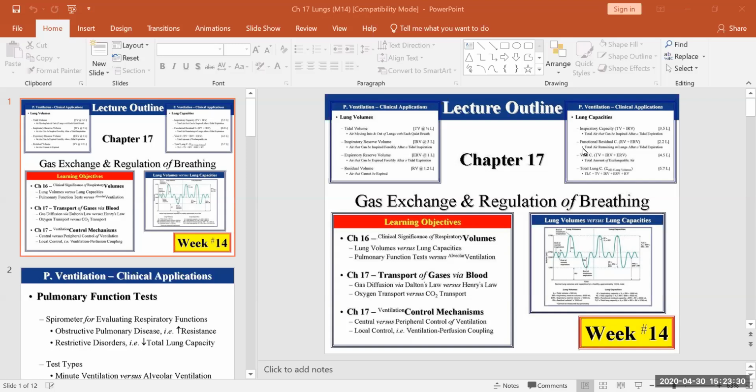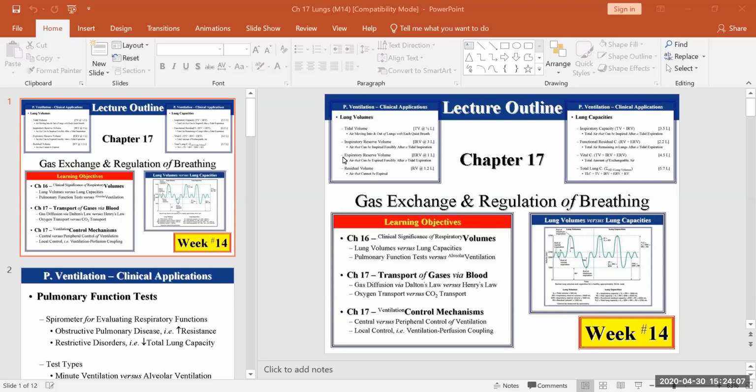And that over here, we call that functional residual volume. No, inspiratory capacity, sorry. Okay, so that's the amount of air that you can bring into your lungs, breathe in. You can also kick out a defined volume of air. We call that expiratory reserve volume. This volume of air is the amount of air that you can expire, breathe out after the half a liter that you breathe out at rest.